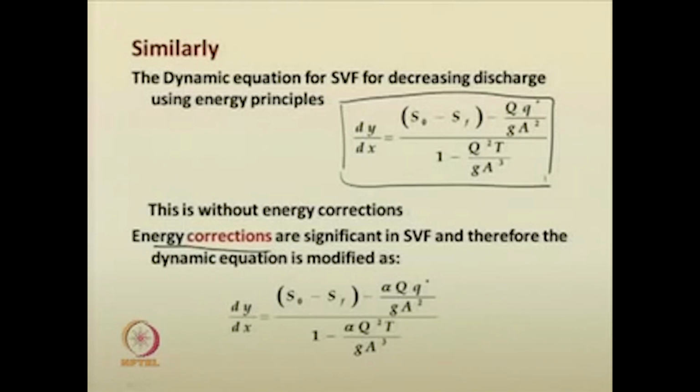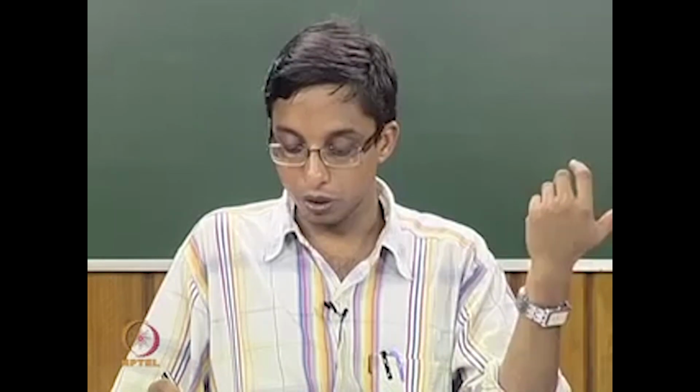So, we need the energy corrections for spatially varied flow, because there is a rapid change in energy due to the change in the quantity of water. So, you need energy corrections also.